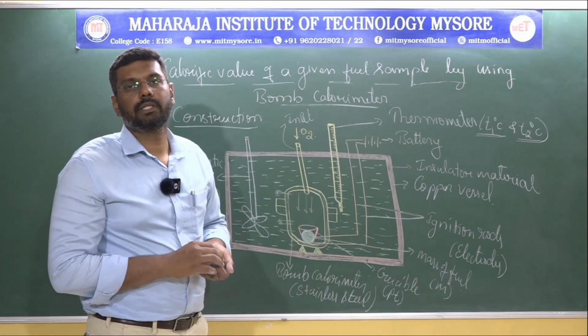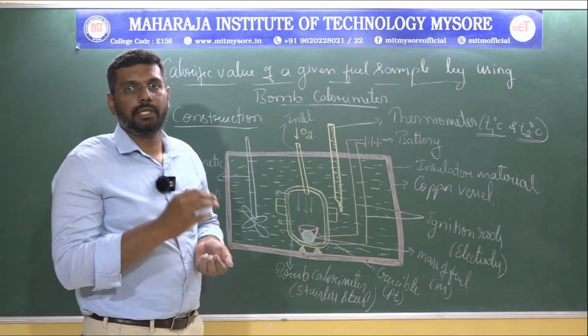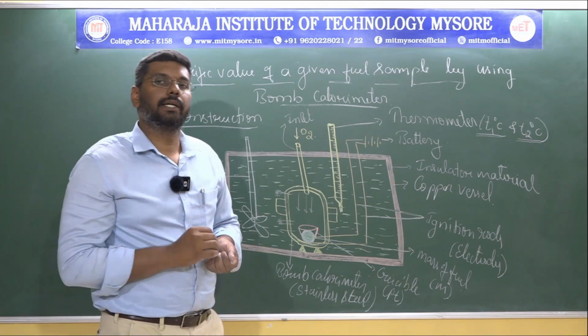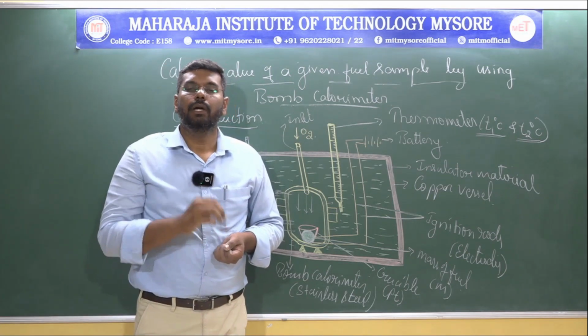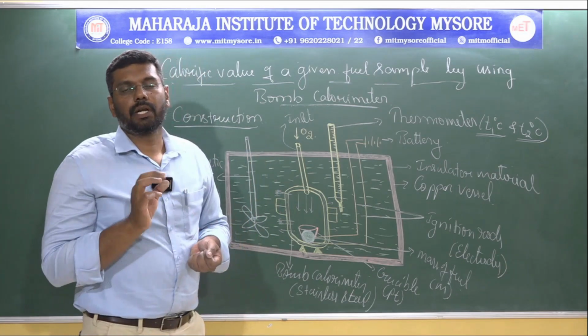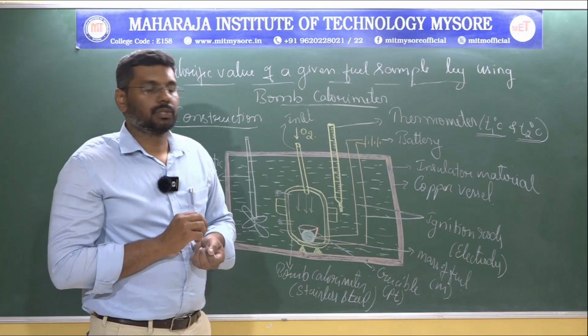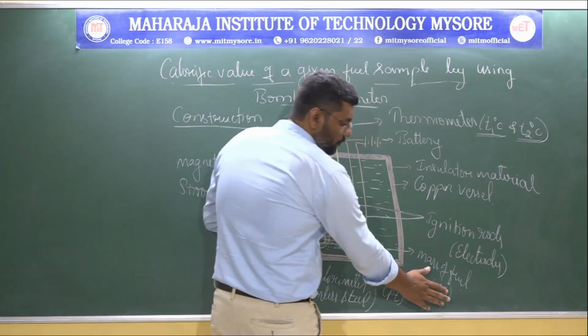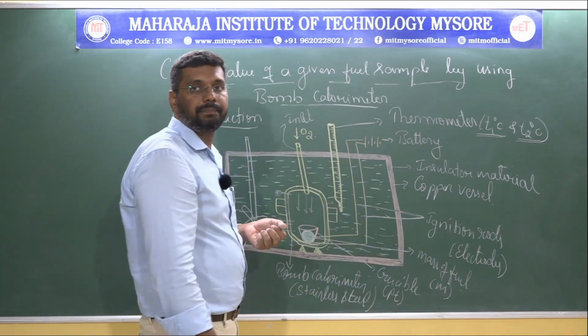Next, the very important thing is to know the equations to calculate the gross calorific value and net calorific value using this bomb calorimeter experiment. In this, we know the mass of the fuel taken, that is m.